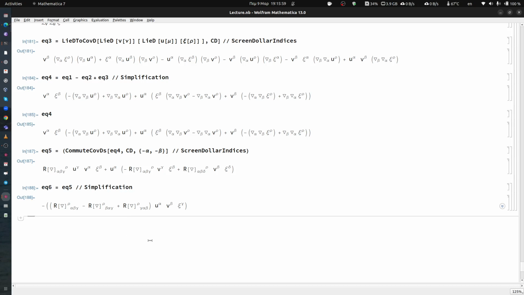Unfortunately, there is no function in xTensor to apply those multi-term symmetries that the Riemann tensor has.